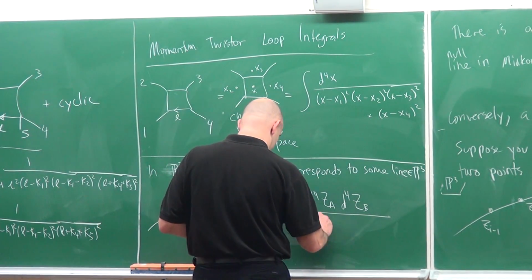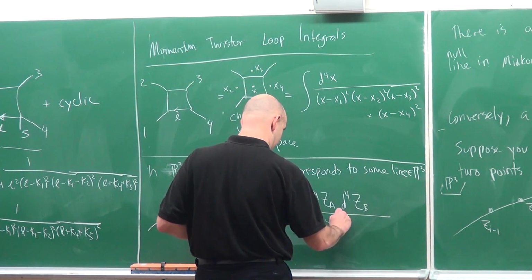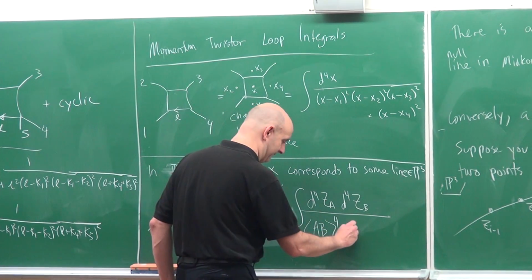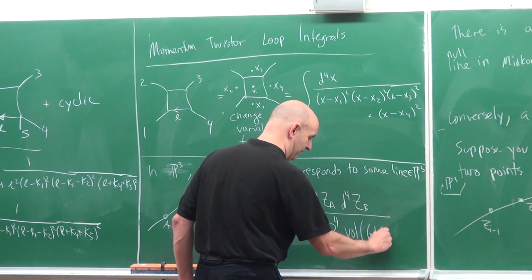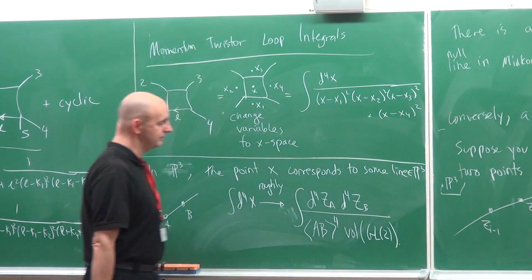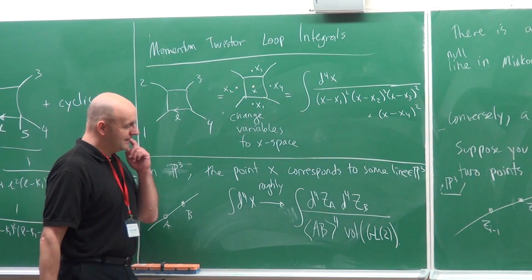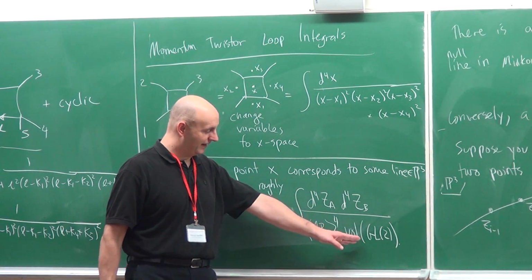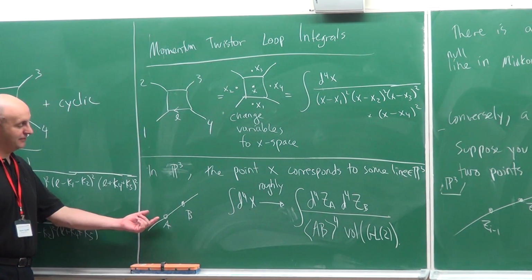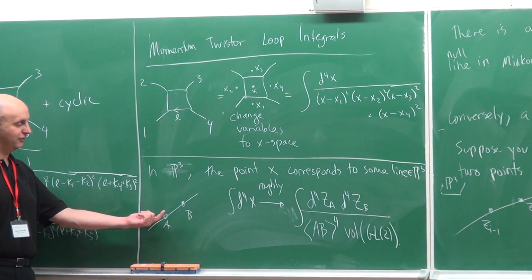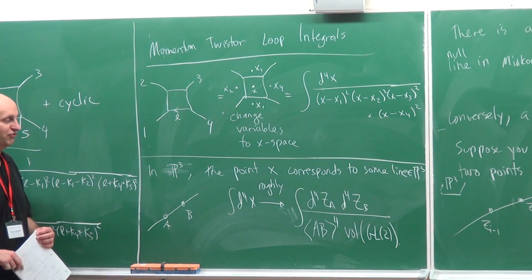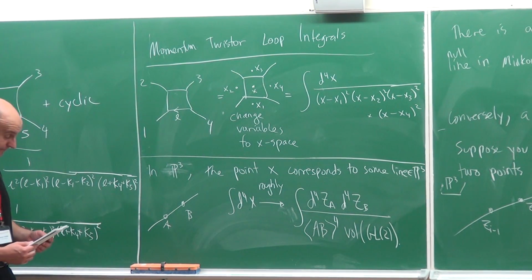So the right way to do the change of variables involves a few additional factors here. And then a volume of GL2. This factor, we'll see how this plays out. Well, I probably won't have time, but the basic idea is you need to mod out by GL2 transformations that move A and B around, but don't change the line that they define.